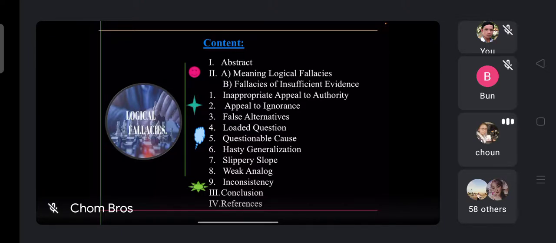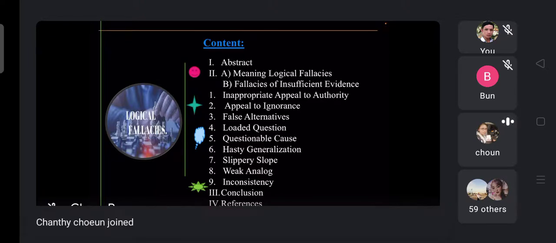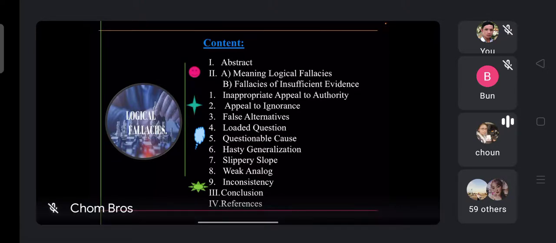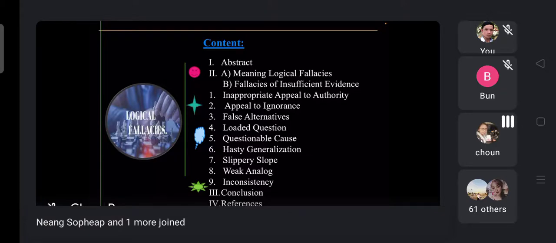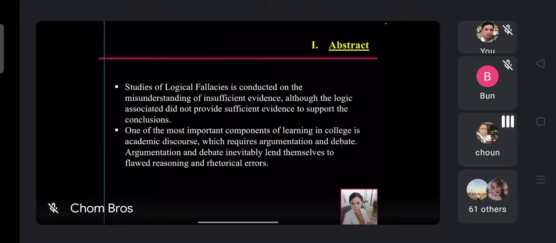Then fallacy of insufficient evidence: first, inappropriate appeal to authority; second, appeal to ignorance; third, false alternative; fourth, loaded question; fifth, questionable cause; sixth, hasty generalization; seventh, slippery slope; eighth, straw man; and ninth, consistency. The last are the conclusion and the references. Let's move to the next slide.